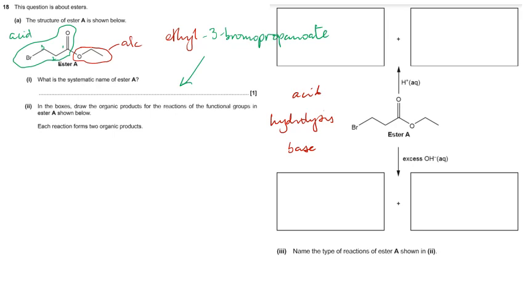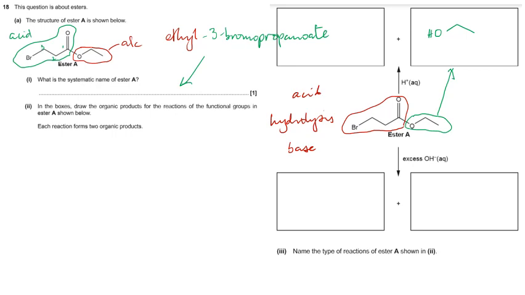It's going to break here. So that's going to be the acid, and using the colours the wrong way around, sorry, that's going to be the alcohol. So let's just draw in our alcohol. Alcohol is not changed whether it's acid or alkali hydrolysis, so we're just going to give that oxygen back its hydrogen from the acid, and so we've got ethanol there.